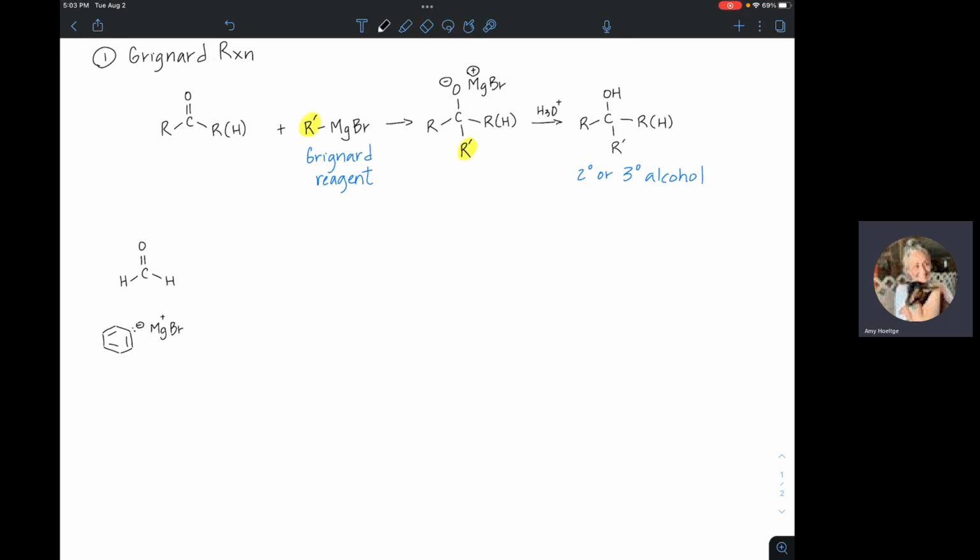Sometimes it's easier to see written like that. This is going to attack the partially positive charged carbon, so our electrophilic piece of that functionality, form our tetrahedral intermediate.